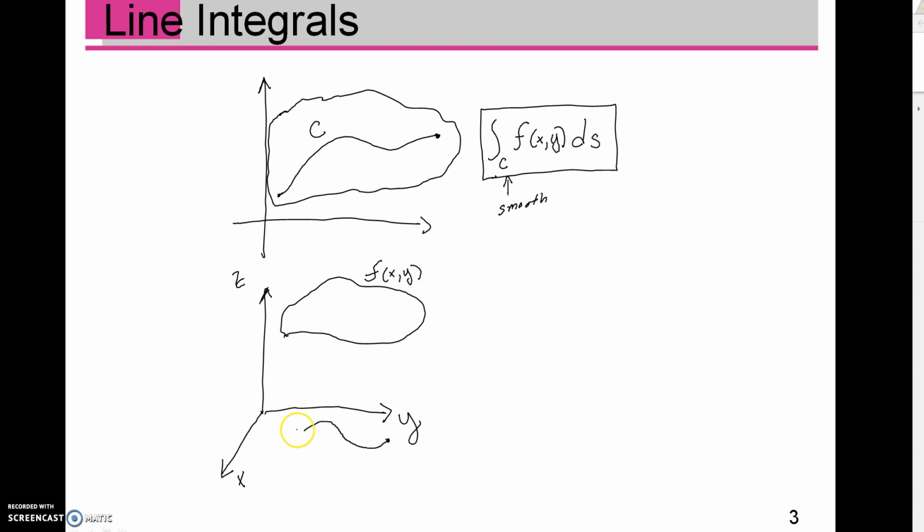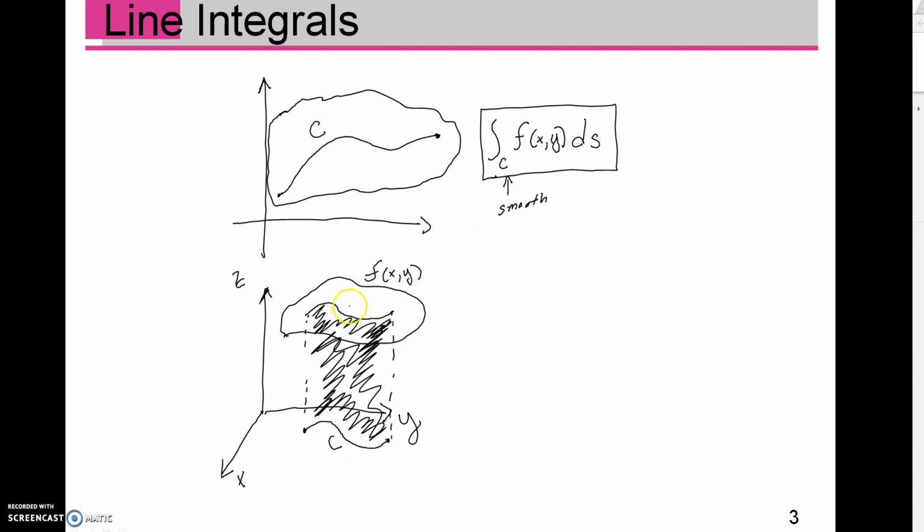C is this two-dimensional parameterized function that's smooth. And when we talk about the line integral, what we're really doing here, guys, is finding this curtain, the area of this one side of this curtain between F and C. That's all we're really doing, is finding that area.